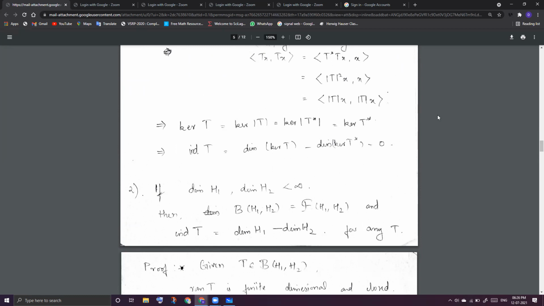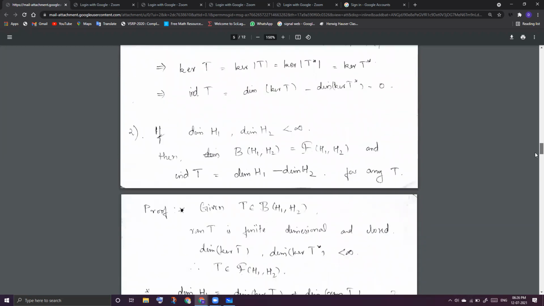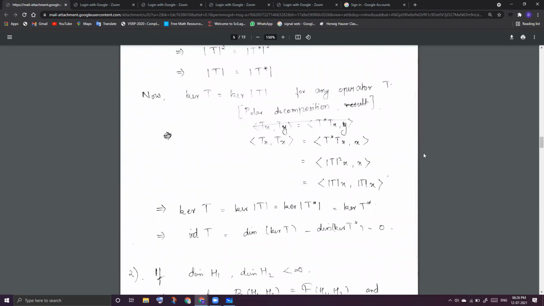And we just proved that mod T is equal to mod of T star, so the second equality is also true. Similarly, since we showed it for any operator, the kernel of mod T star is equal to the kernel of T star. So the kernel of T and the kernel of T star are the same subspace. So the difference of their dimensions is 0, which was the index.